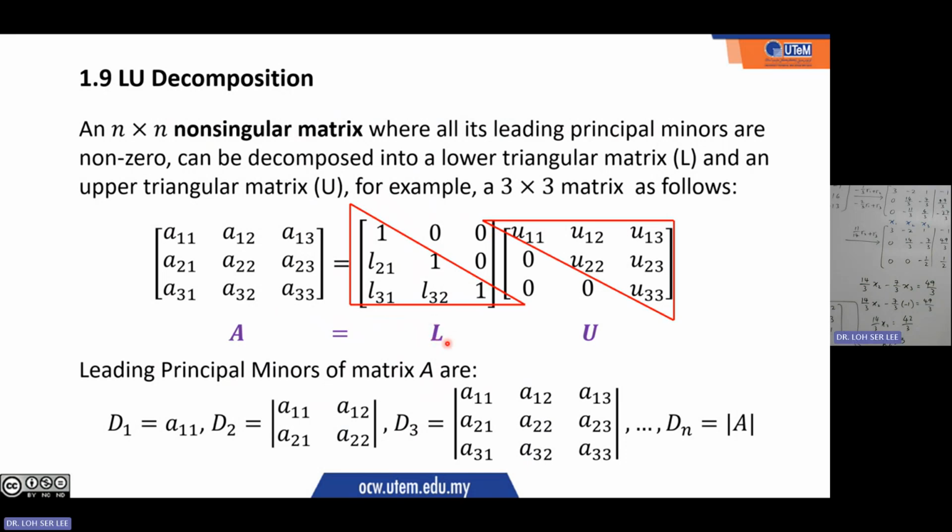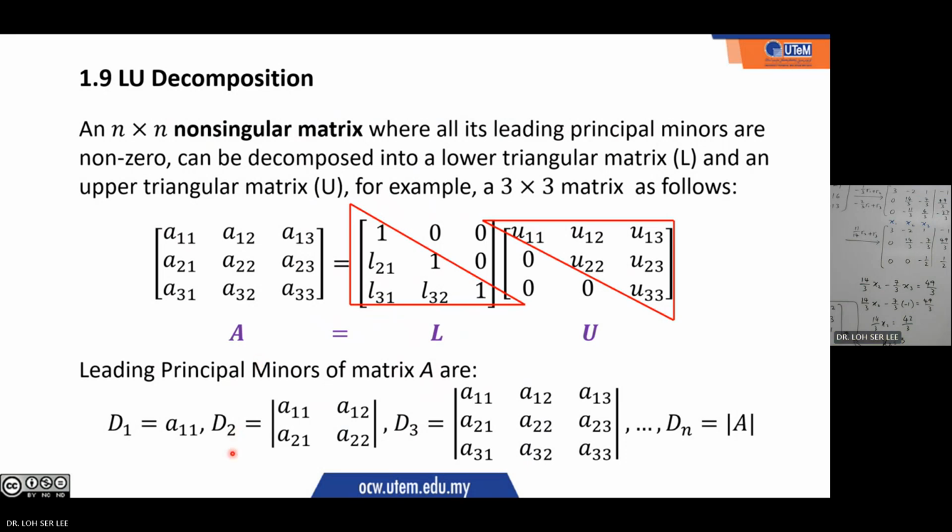And for matrix L, the diagonal entries are all 1. Matrix A is given, you know all the values of A, and we want to find L21, L31, L32, and all these U's, to form the matrix L and the matrix U.